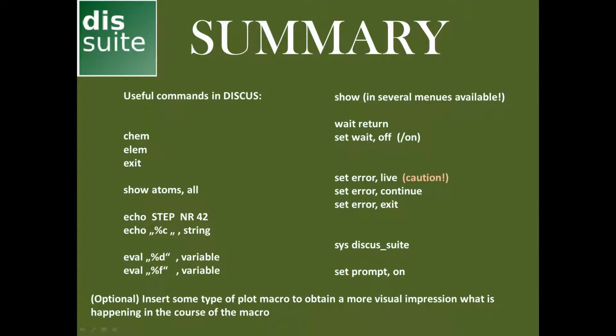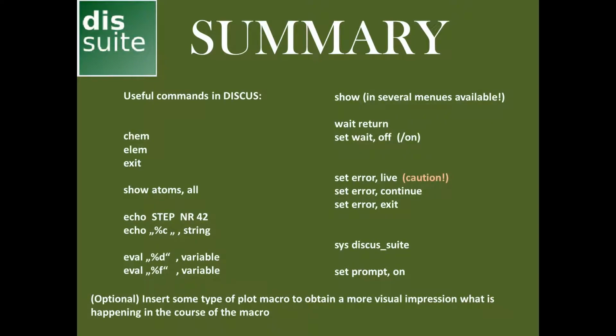What I haven't shown you is the set error command. So what you can do is set error live. So it will run the macro without exiting Discus, and this would happen with set error exit. So you can jump over errors, whether it makes sense or not.